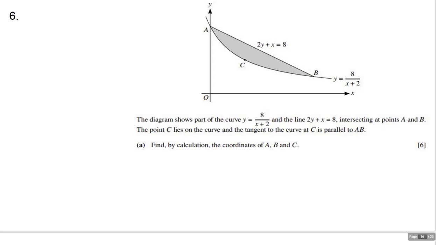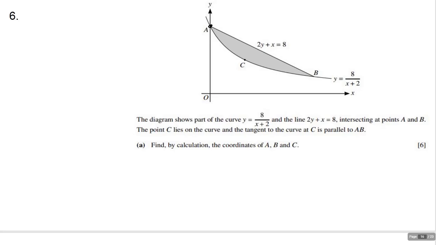Okay, so here is number 6. Here we've got a problem where they have a curve and a straight line, and they want us to find, by calculation, the coordinates of A, B, and C. All right, well, A is the y-intercept of the line right here, okay?